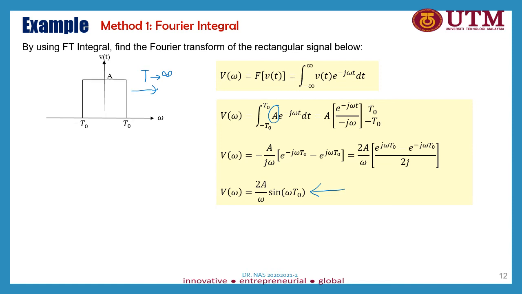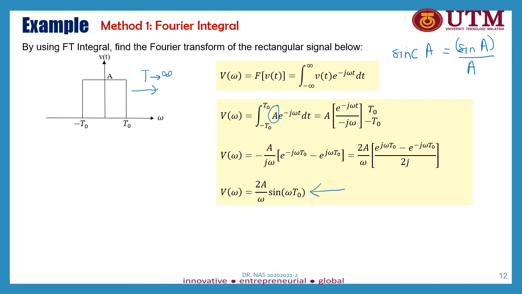However, in Fourier transform, usually the rectangular signal will be transformed into a sinc function. Sinc A, for example, equals sine A divided by A. So in this case, to convert sin into sinc function, you need to divide sin omega t naught by omega t naught.